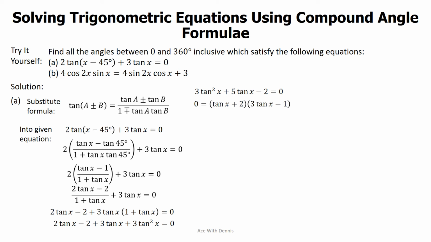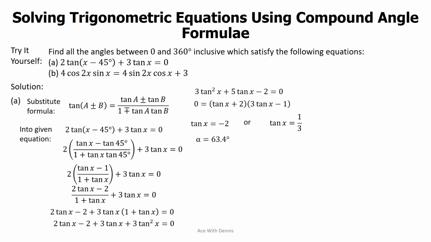We can factorize, which becomes 0 equals (tangent x + 2)(3 tangent x − 1). It means tangent x equals negative 2 or tangent x equals 1 over 3. Okay, and now we don't reject tangent x equals negative 2 because tangent can be more than 1.